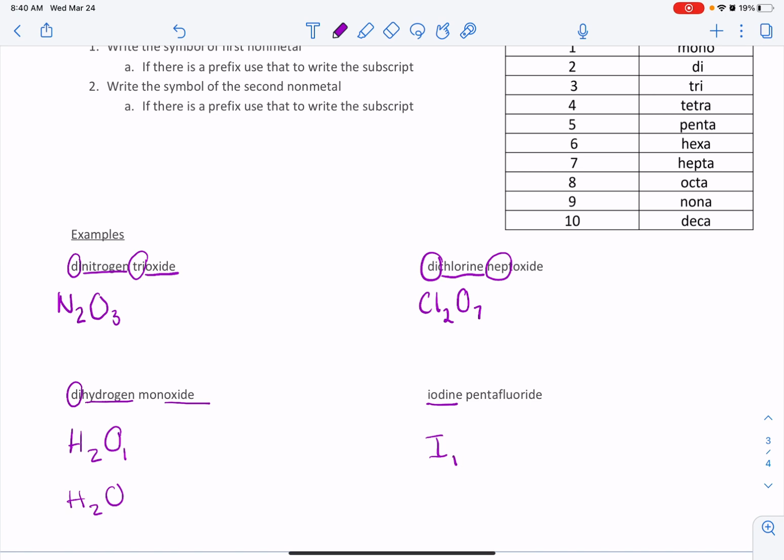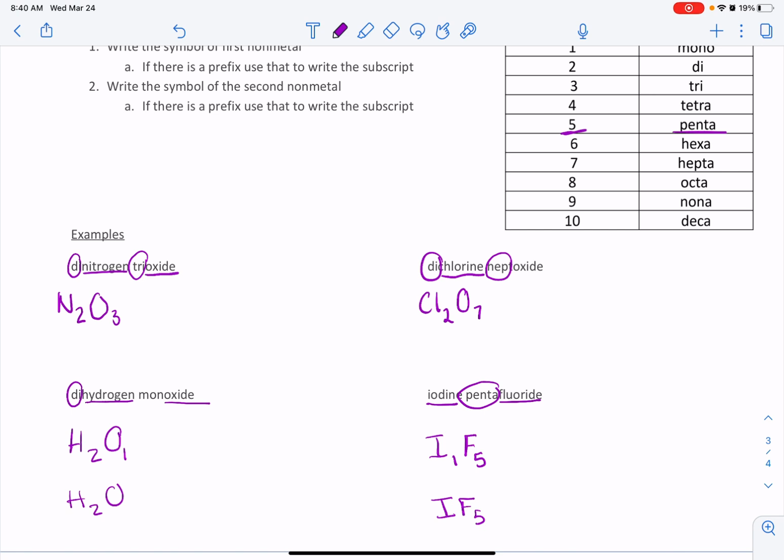So I'm going to put a 1 here. And then pentafluoride. Okay, fluoride comes from fluorine, which I know is F. And then penta is 5. So I'm going to put F5. So I could have I1F5. And again, if it's a 1, you don't need to include it. So you can also write this as IF5.